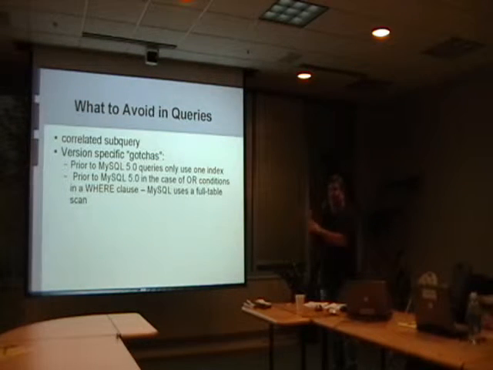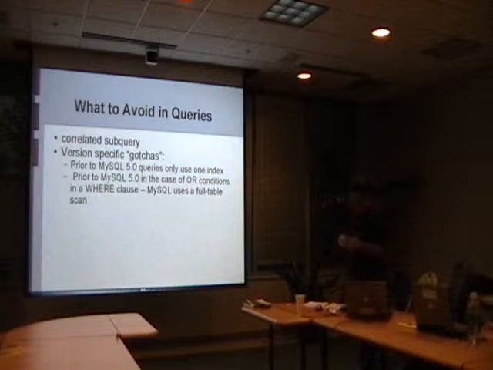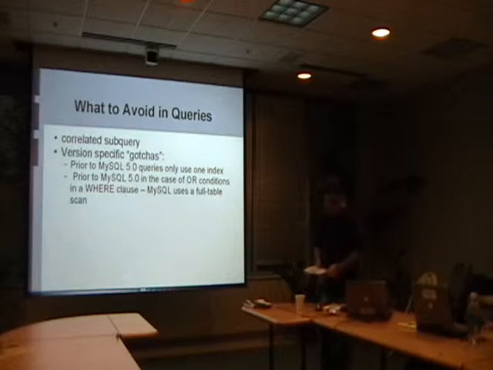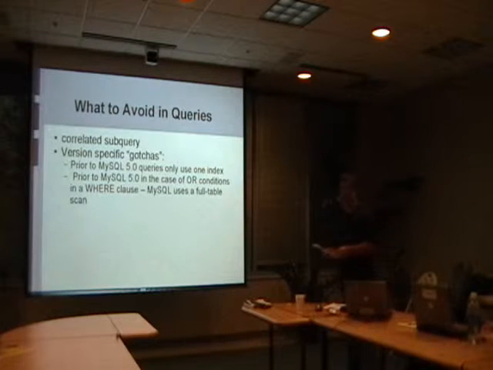This is not a good situation. It will slow up your queries immensely. Correlated subqueries can always be turned into a join statement. Okay? The reason why they give you such poor performance is because the subquery is going to be executed once for each matching row in the outer set, and that will bog your system down in a hurry.